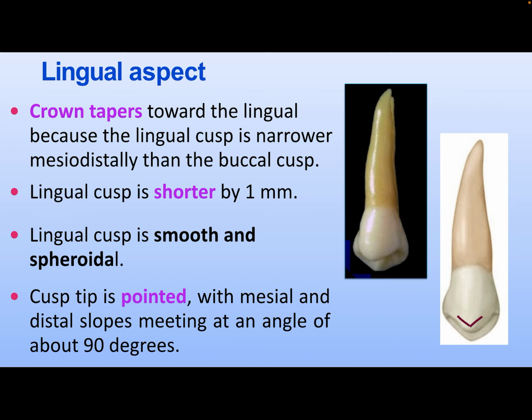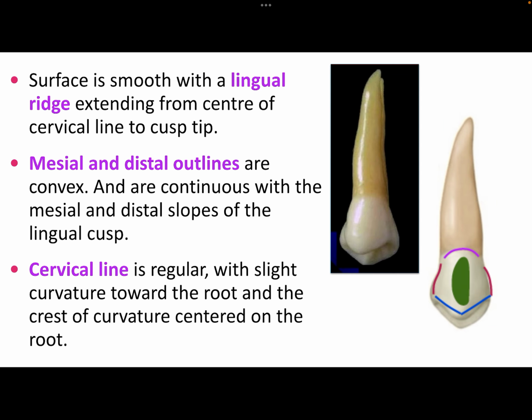Likewise, the buccal cusp is pointed and the lingual cusp is also pointed, with mesial and distal slopes meeting at an angle of about 90 degrees. The surface is smooth with a lingual ridge extending from the centrocervical line to the cusp tip.